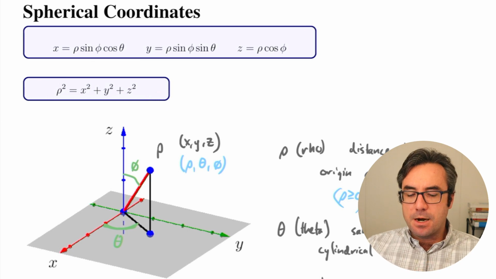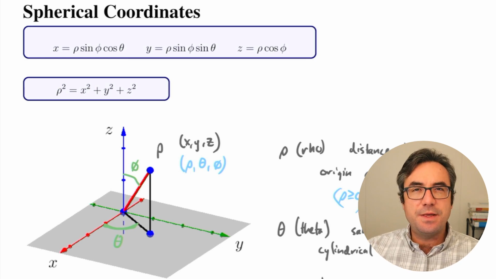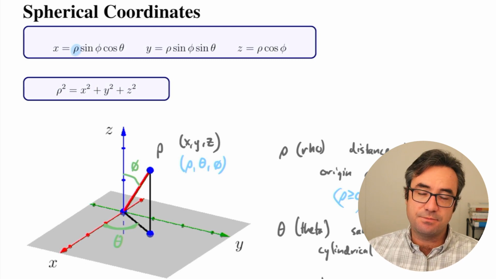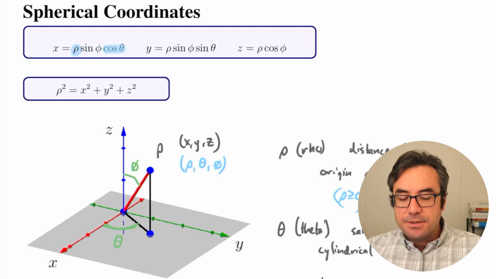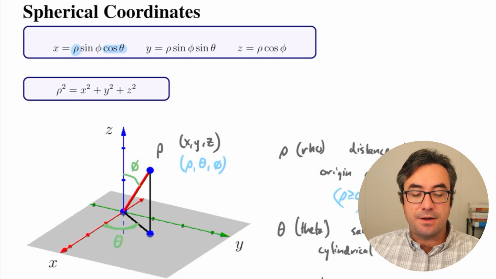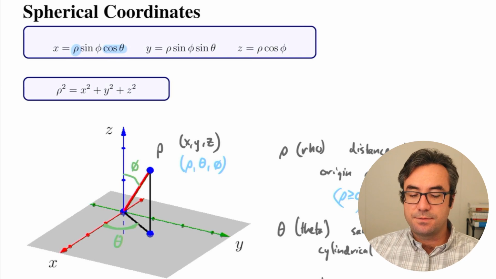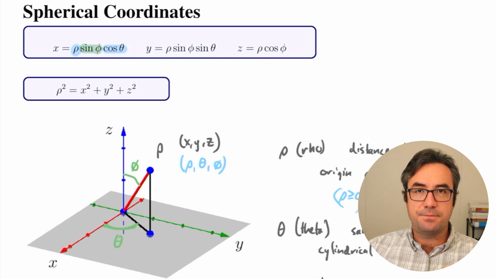All right, when we look at this, it looks like a lot to remember, but there is some overlap here with the other coordinate systems that we've seen. We want to think of rho as the radius. It really is the distance to the origin. So we have the radius times cosine theta. This is our standard polar coordinates. The only thing new there is now we have the sine of phi thrown in.